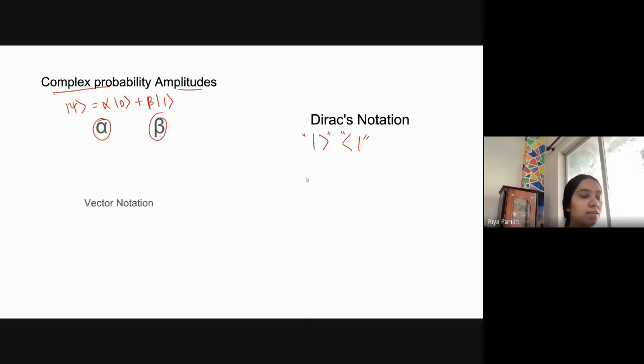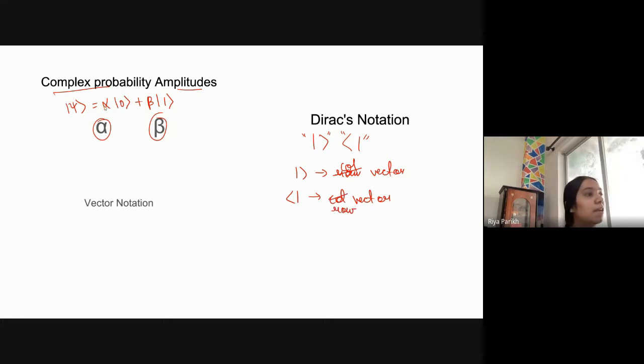What it means is that any quantum system in quantum mechanics requires the use of Dirac's bracket notation, but for our understanding, they can be easily understood as a column vector and a row vector. Oh, I messed up. It's a column vector and it's a row vector.